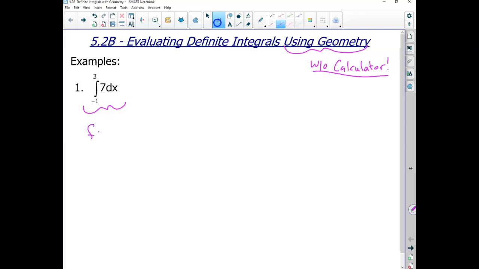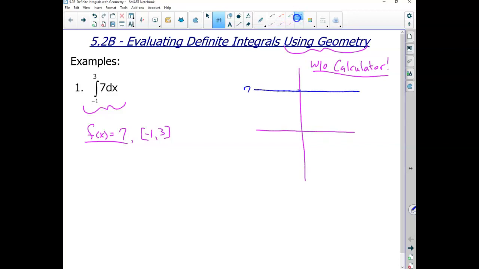Well, the function I'm integrating here is just 7. It's a constant function, and I also need to be able to identify the interval that I'm integrating on, and that interval is going to be from the lower limit of integration, -1, to the upper limit of integration, which is 3. And in geometry, we can do a lot of these with geometric formulas, because if I graphed it, that's a constant function, and the constant function is up here at 7, okay?